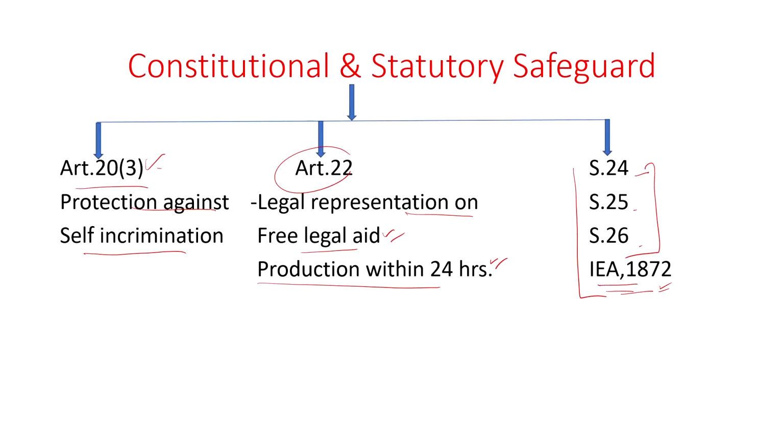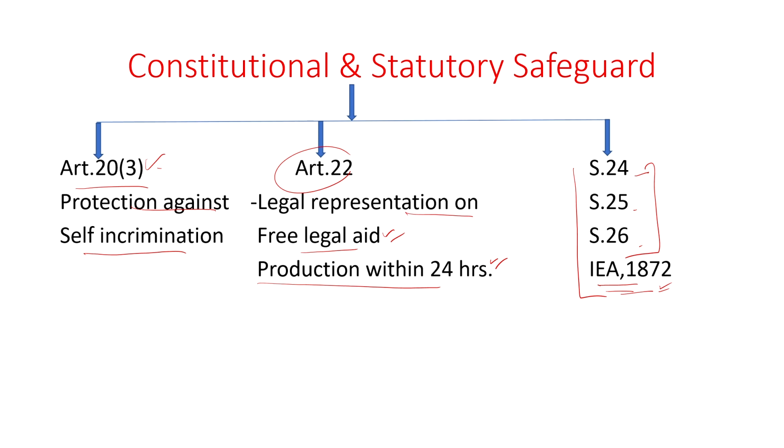Sections 24, 25, 26, these three important provisions of the Indian Evidence Act 1872, are also helpful in the criminal justice system. How? Section 24 talks about threat and inducement. No threat or inducement shall be given by the police officer during the investigation.